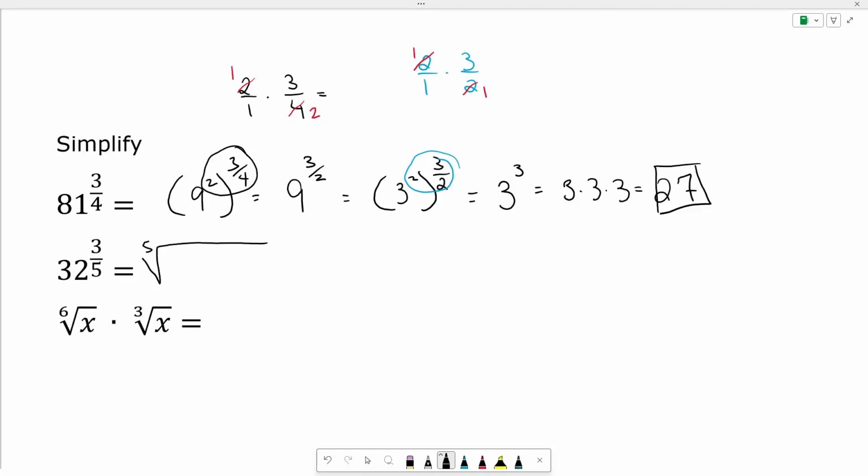I got the 5th root of, inside here, 32 is really 2 to the 5th power raised to the 3rd power. Or it might be better to think of it like this: 32 to the 3rd power.